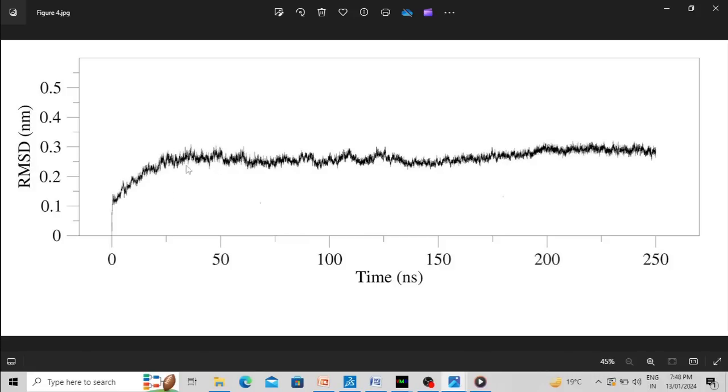Okay, now you can see its RMSD range is between 0.2 to 0.3 nanometer. So the ligand becomes stable and it remains stable throughout the simulation. Its RMSD range is now between 0.2 to 0.3 nanometer. And this is the fluctuation. That means its RMSD is changing but slightly. Okay, so now we can say this molecule is stable.